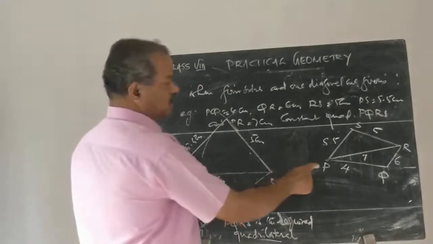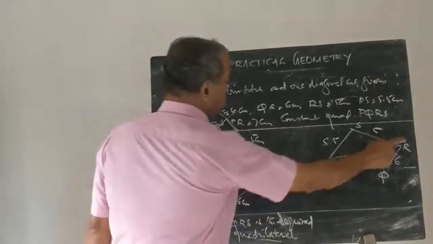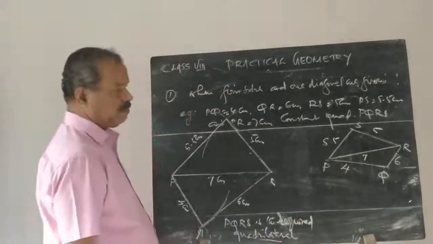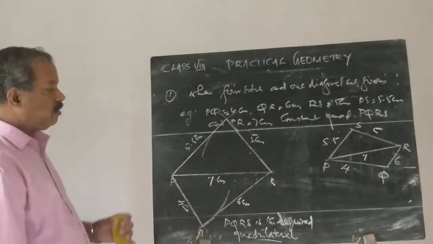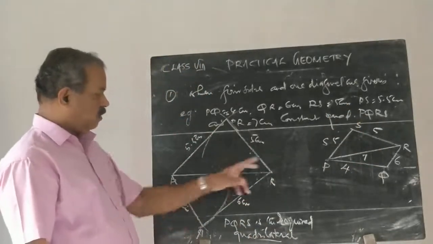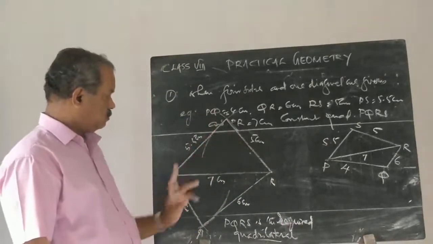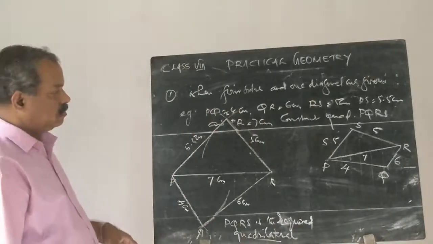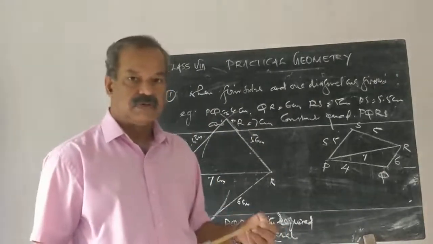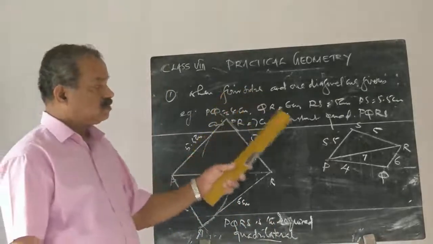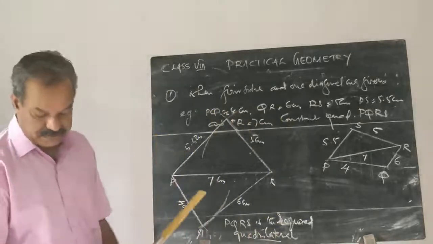Step 2, construct a triangle PQR. Then construct a triangle PRS. Join PQ, RQ, RS, PS. All these are given in detail in your textbook. So go through it, read these steps of construction carefully and try to understand.